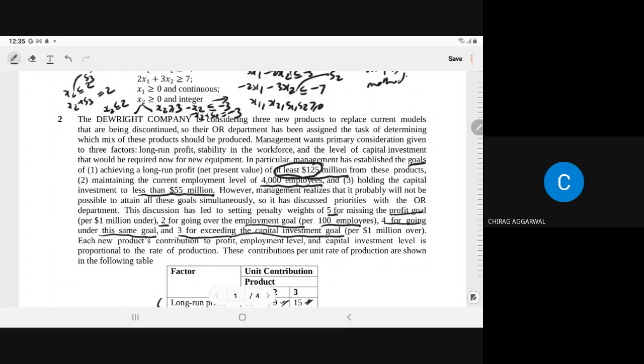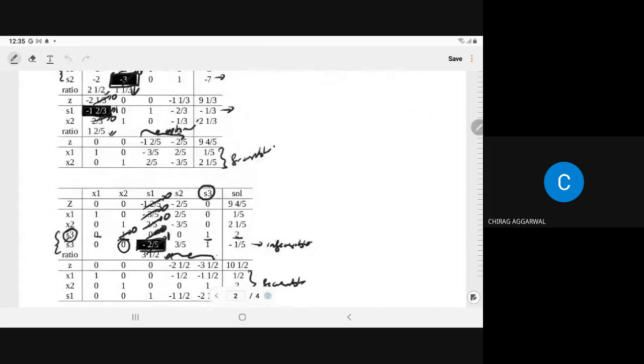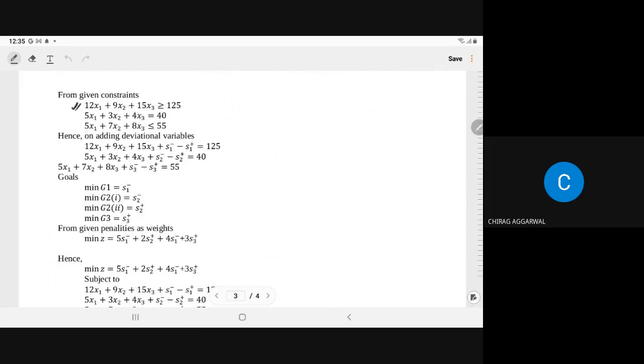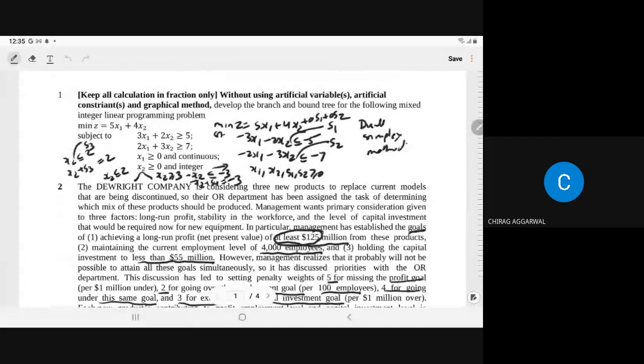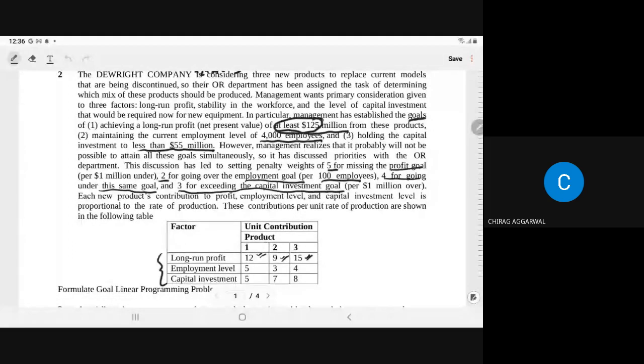Then we have 5x1 plus 3x2 plus 4x3 is equal to 40, because 5x1 plus 3x2 plus 4x3 is 4,000 employees, but here they have given the goal in terms of 100 employees. If it is above, then the penalty is 2, and if it is below, then it is 4 for going under.